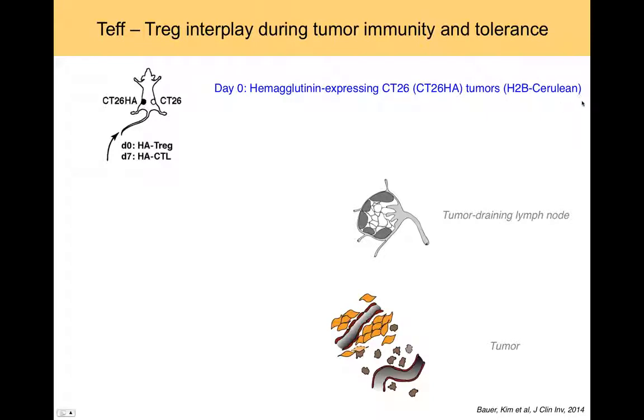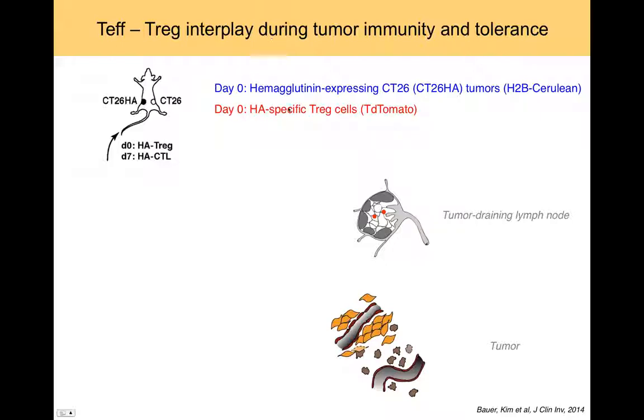And we also express fluorescent reporters in the tumor cells, in this case, a fusion protein between H2B histone protein and the blue fluorescent protein cerulean. Then on the same day, we infuse these mice by intravenous injection with regulatory T cells that express the red fluorescent protein tdTomato or other fluorescent reporters, GFP for instance, and that are specific for hemagglutinin.